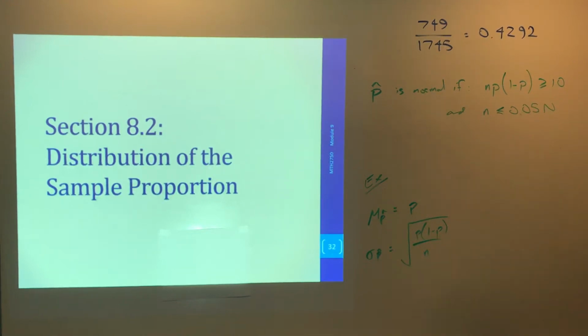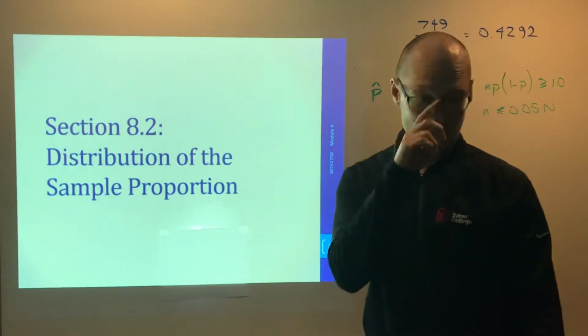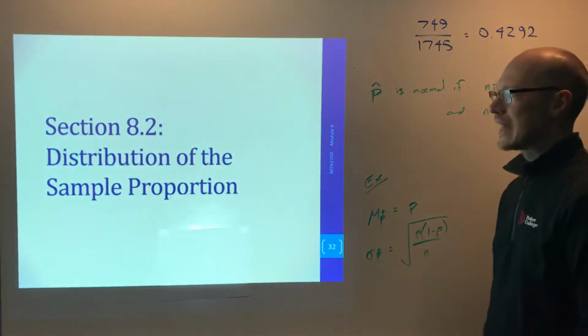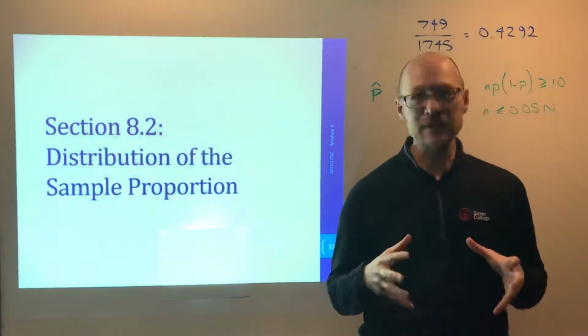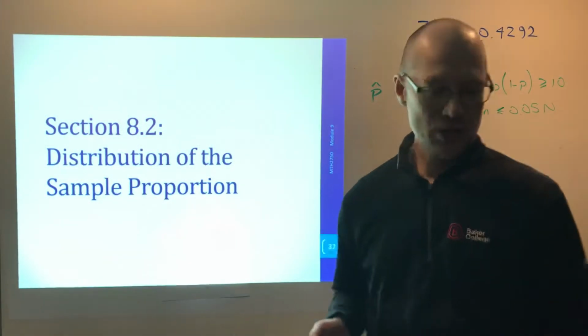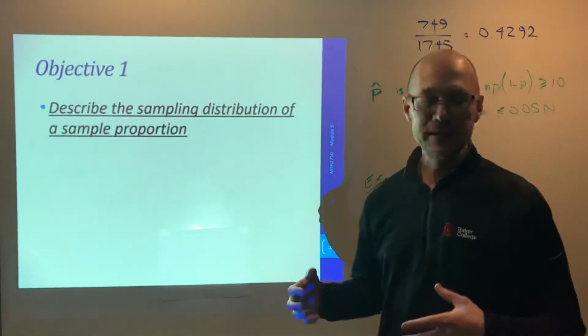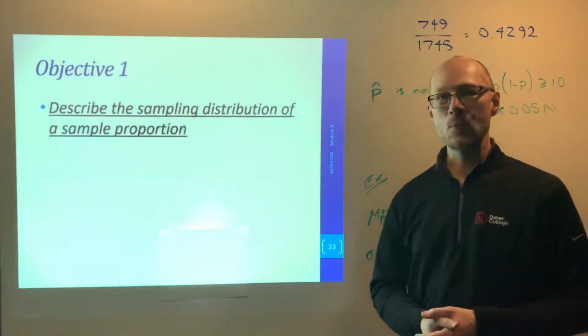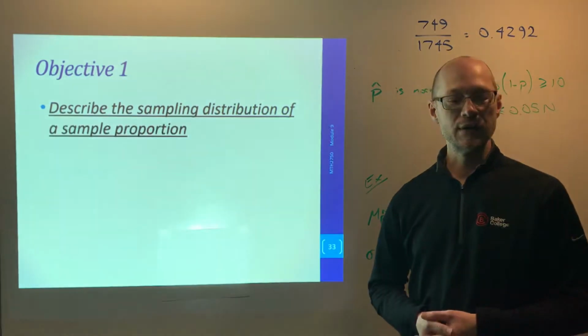Well, we are back again with section 8.2, which picks up right where we left off. We're still taking samples. All this chapter is about taking samples. But sometimes we don't want to know the average of something. Maybe we want to know the proportion of something.